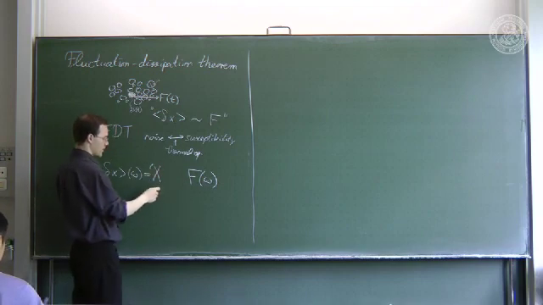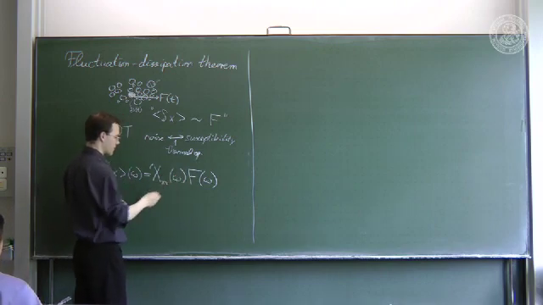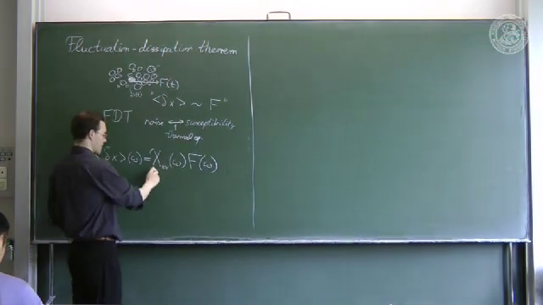Often it has the name chi, and we will give it the subscript xx, and I'll explain this in a second. Okay. So this is the susceptibility.